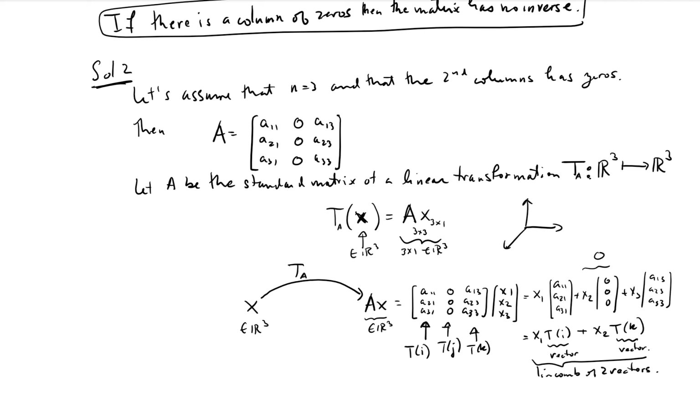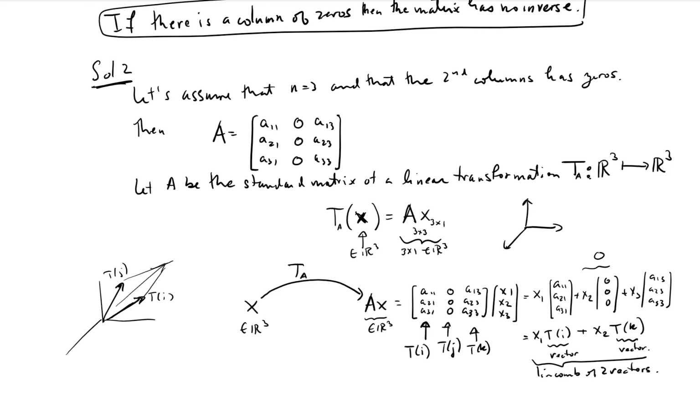So what's a linear combination of two vectors? Essentially, we've got our two vectors like this, and a linear combination is going to give us points that are in a plane if those vectors are linearly independent, if they're not parallel. So if I've got vectors that could be like T of I, T of j, and they're not parallel, I'm going to be generating points in a plane passing through the origin.